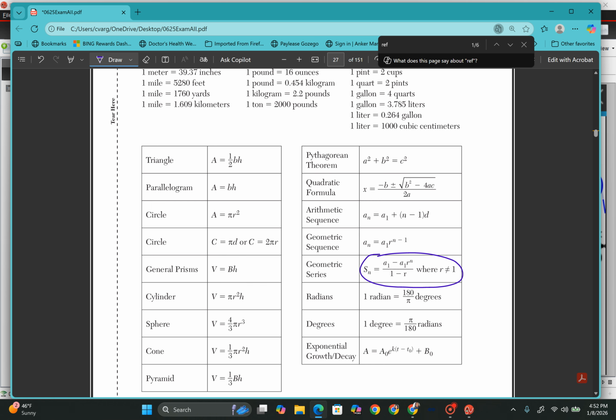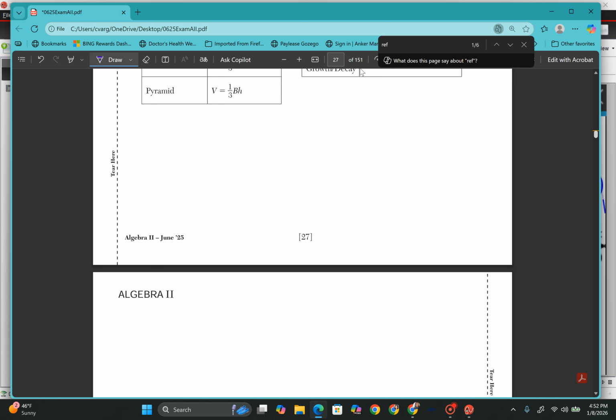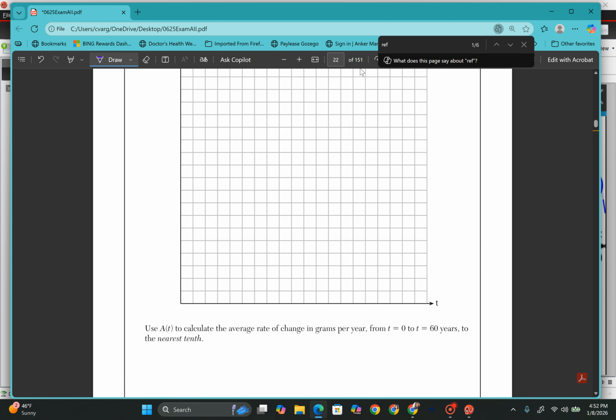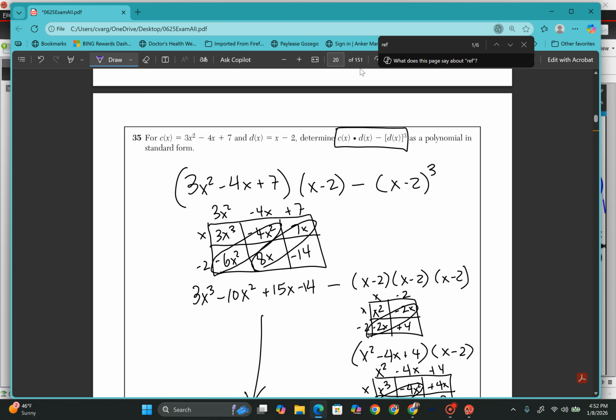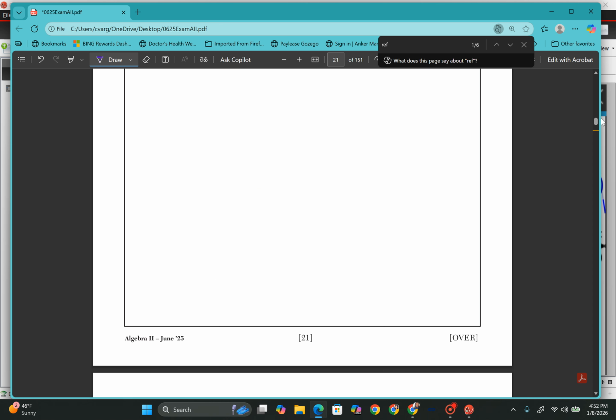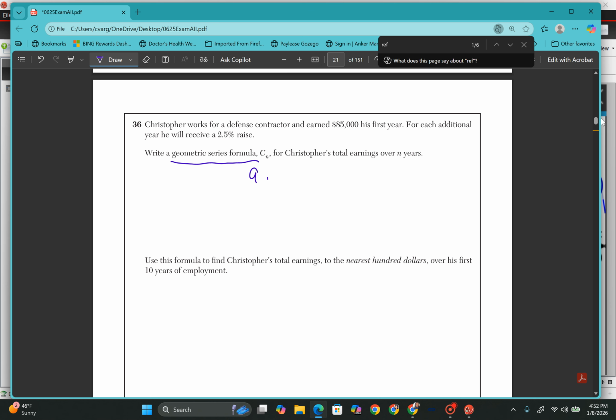Okay, so let me go back up to it. Where's our thing? Let's go up. Oh, down. Okay, so the formula is A1 minus A1 times R to the N all over 1 minus R.